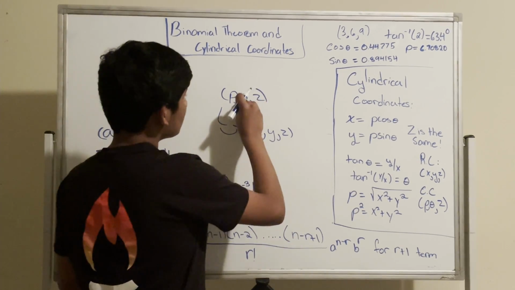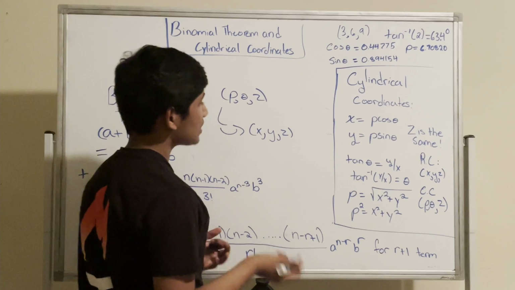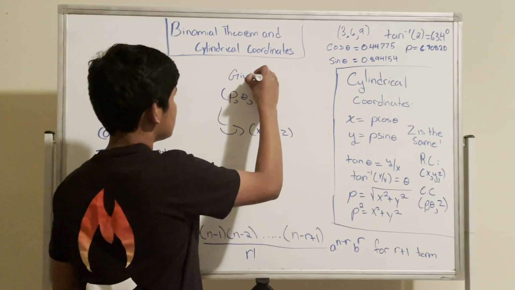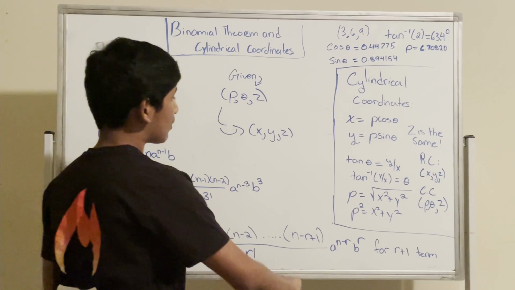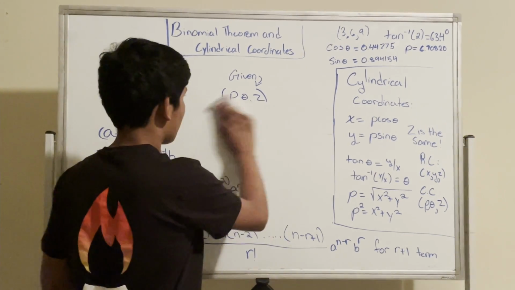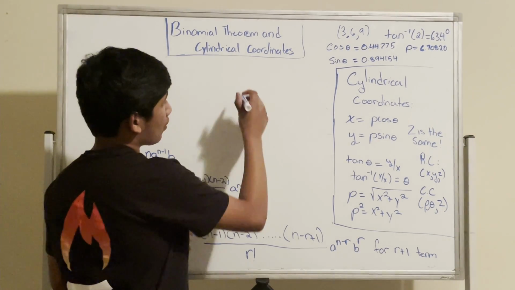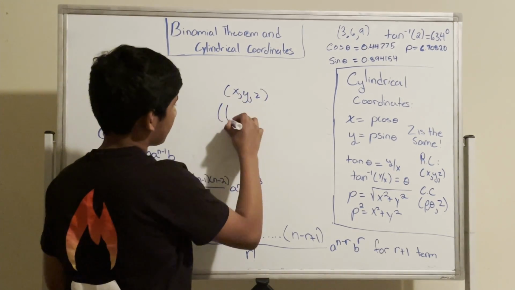And in order to transfer these, we can just use the formulas: x is equal to p cosine of theta, and y is equal to p sine of theta. Now, on the other hand, if we want to go vice versa, from x, y, z, the rectangular three-dimensional coordinate system, to cylindrical coordinates, we can use another set of formulas.